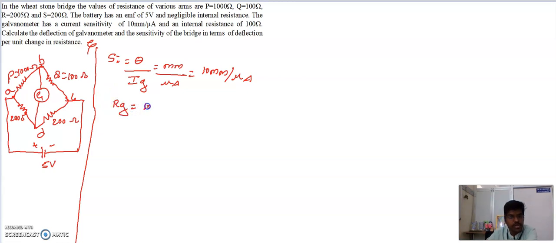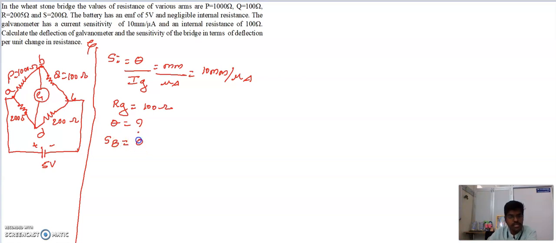The question is to find the deflection of the galvanometer, so theta we need to find. One more quantity they have asked is the sensitivity of the bridge, represented as SB, in terms of deflection per unit change in the resistance.